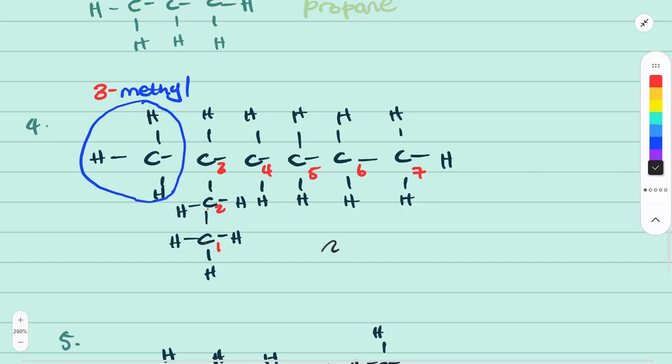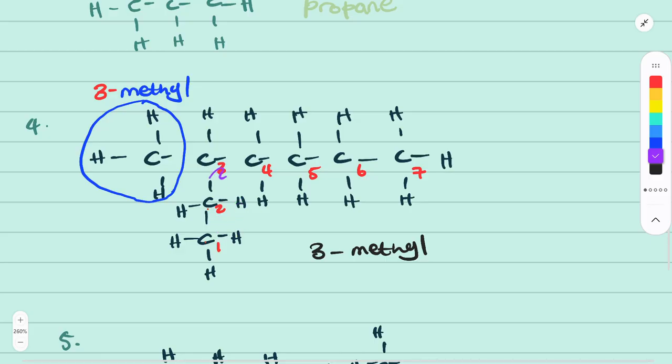As we said, your IUPAC name has 3 parts: your prefix, your parent and your suffix. We're going to start with your prefix, which is the part where you have your substituents. The only substituent here is 3-methyl, guys. One thing you have to consider: between a number and a letter, you're going to have a dash, or some would say hyphen, but that is to your preference, guys.